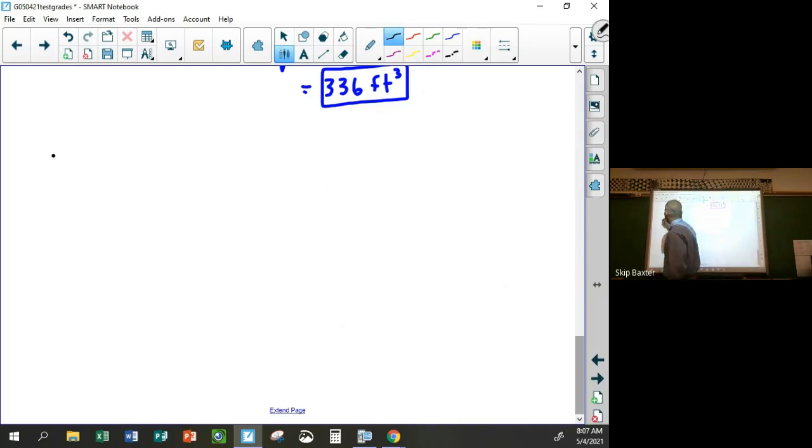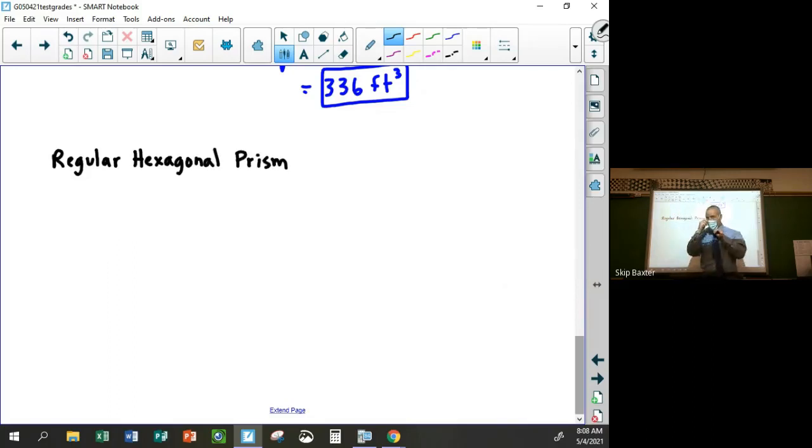So here's a regular hexagonal prism. Regular hexagonal prism. So remember what that looks like? It's like a big fat pencil.